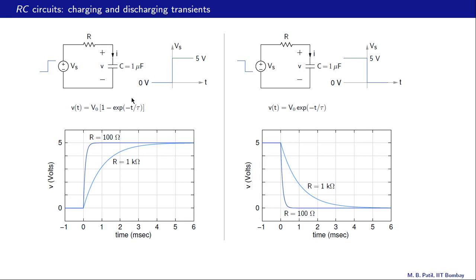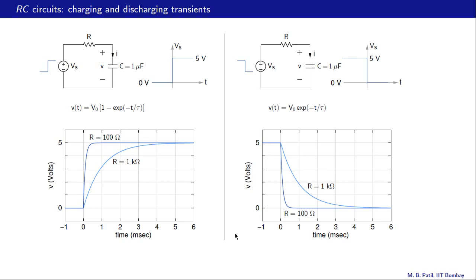And that is indeed what we observe in this plot. This is 1 millisecond, 0.5 millisecond is somewhere here, and we observe that for R equal to 100 ohms, we reach the steady state in about 0.5 milliseconds, and after that point the capacitor voltage does not change.